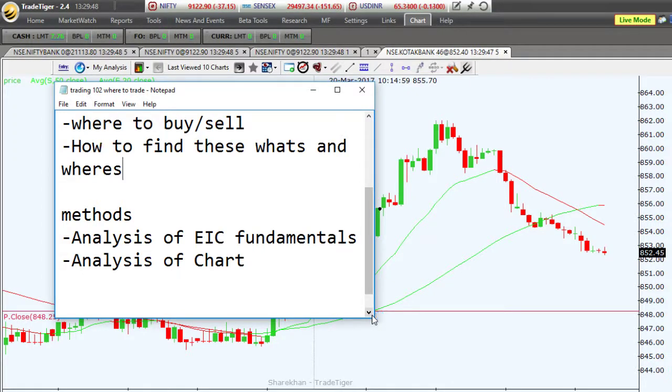So how will we determine it? The short form is EIC, meaning first we look at what the economy is doing. Suppose the overall Indian economy is growing big, so we can consider that buying in the Indian market is a good thing.